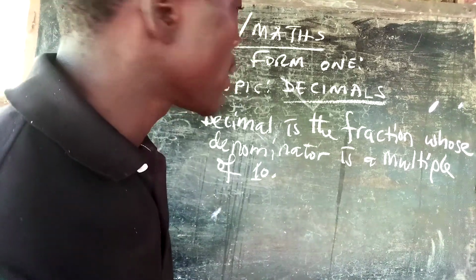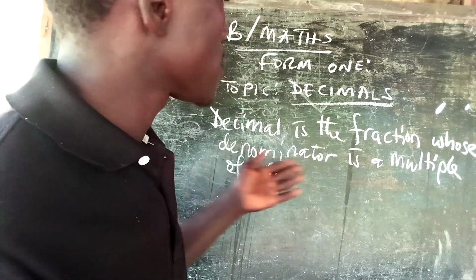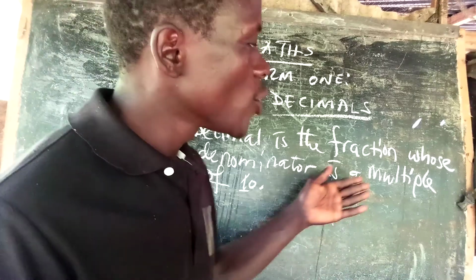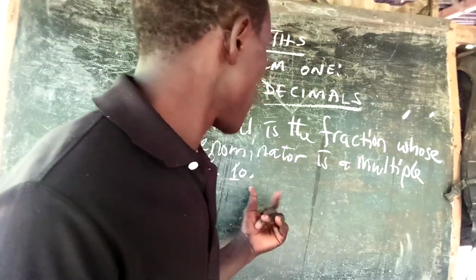So this is the definition of decimal. That is, the fraction whose denominator is a multiple of 10.